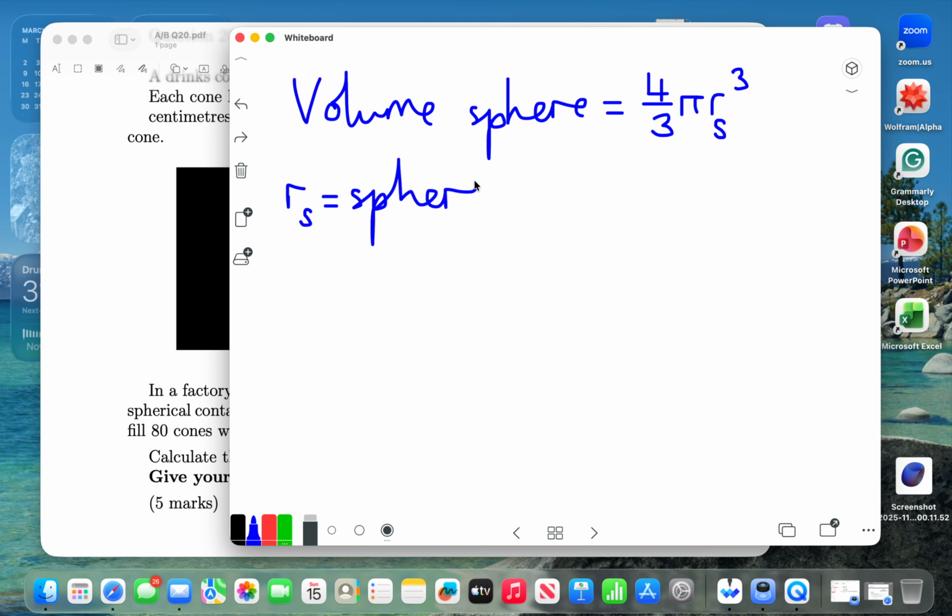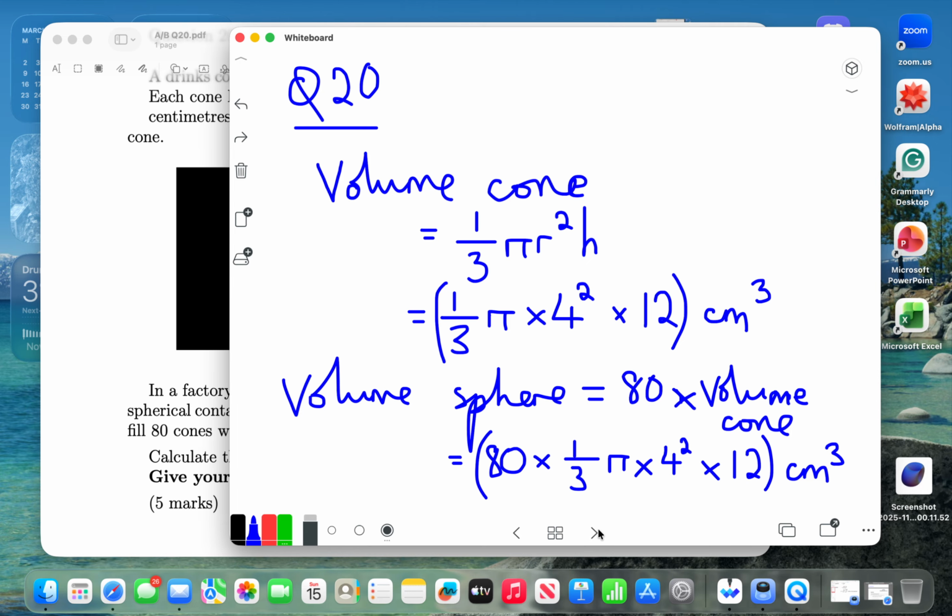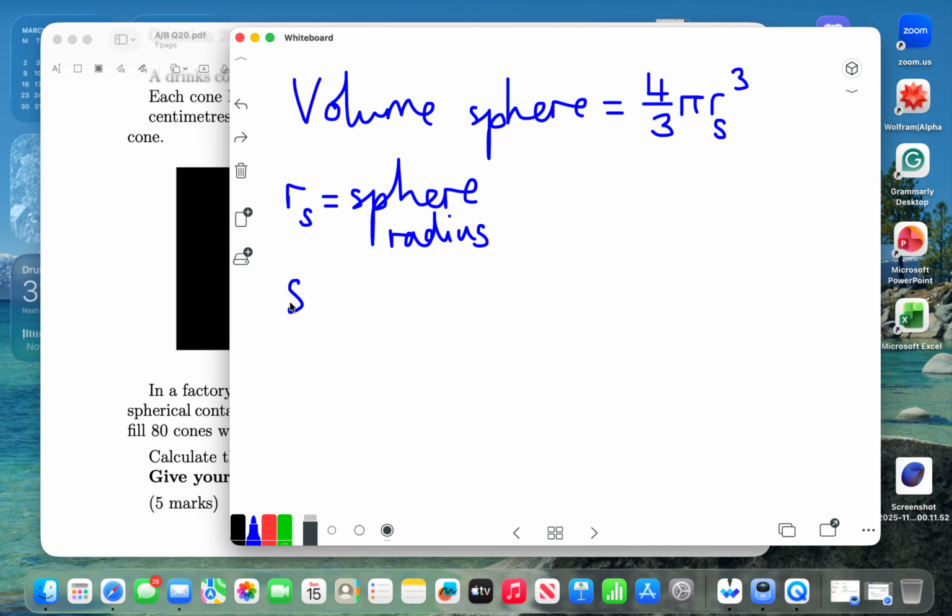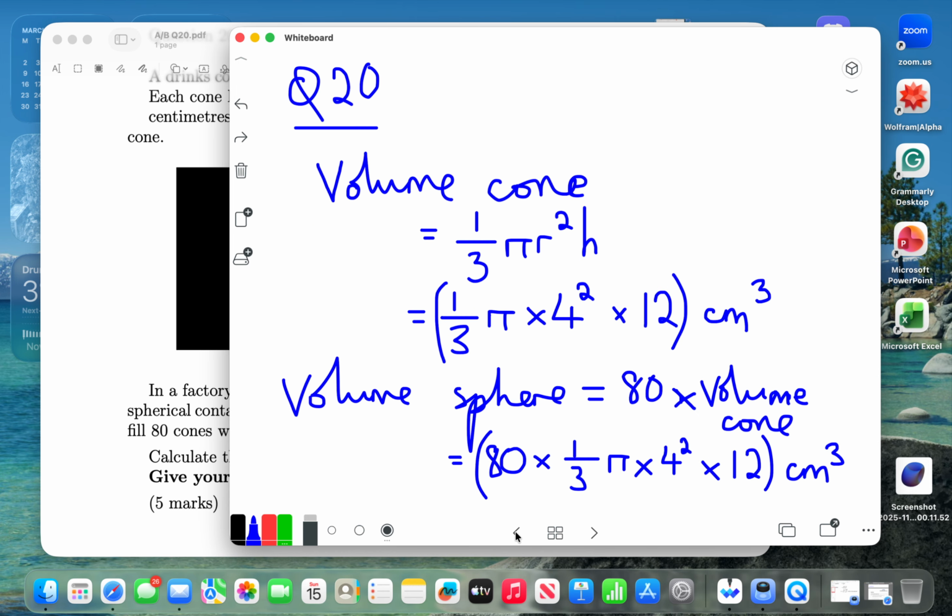And let's put a key. So rs is the radius of the sphere, and r on its own is the radius of the cone. I'm going to plug in this expression that we had in the last part because I'm not going to evaluate this at the moment. I will show you why you don't. The main reason is because we can cancel out the pi.